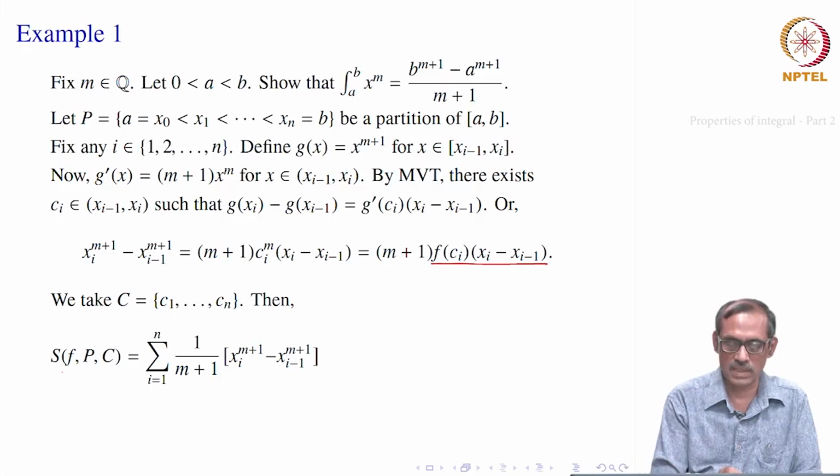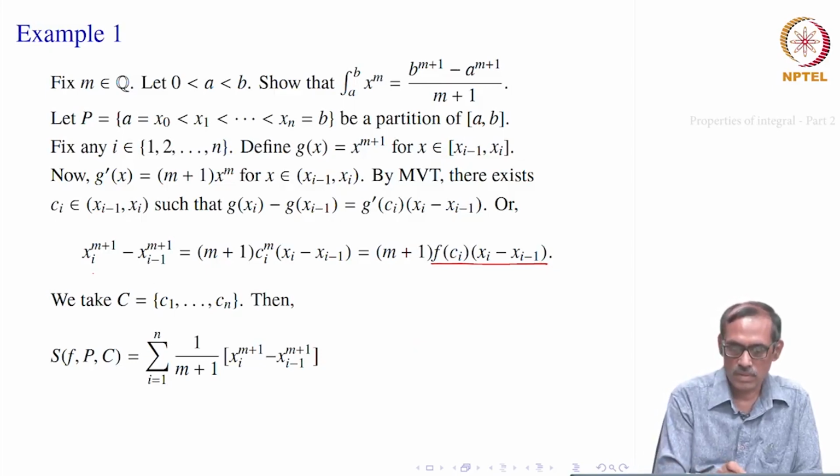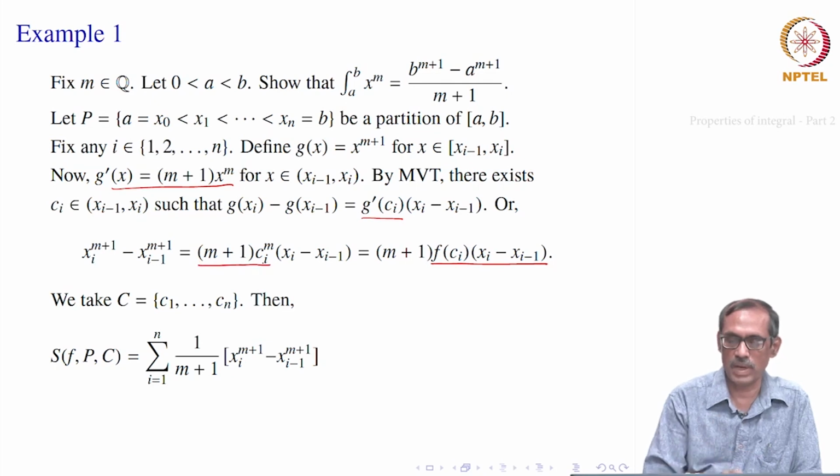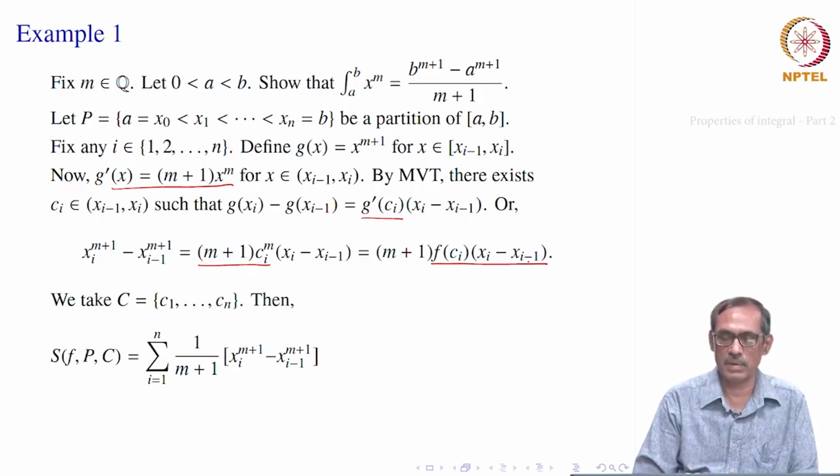Inside the Riemann sum S f p c, we compute x i to the power m plus 1 minus x i minus 1 to the power m plus 1, which equals g prime of c i times x i minus x i minus 1. Because g prime of c i equals m plus 1 times c i to the power m, this is equal to m plus 1 times f of c i into x i minus x i minus 1.